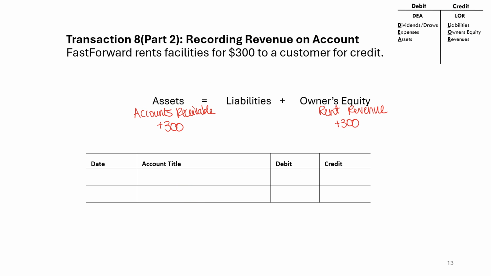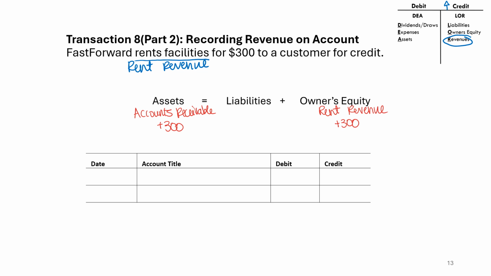Transaction 8, Part 2, recording revenue on account. Fast Forward rents facilities for $300 to a customer on credit. So they are renting a facility out to a customer. So that will be considered rent revenue. Revenues are increased with a credit.